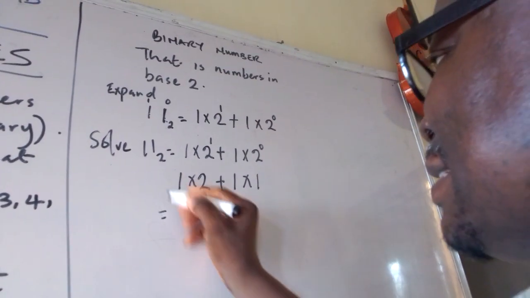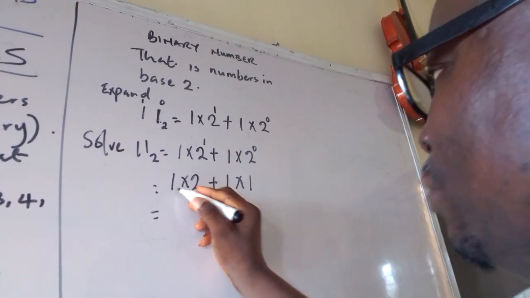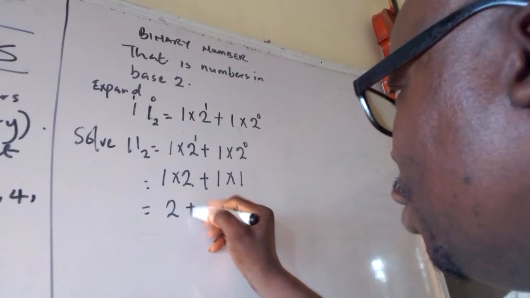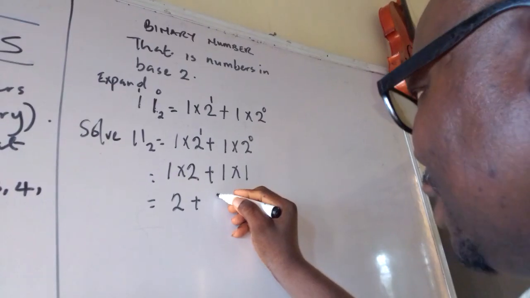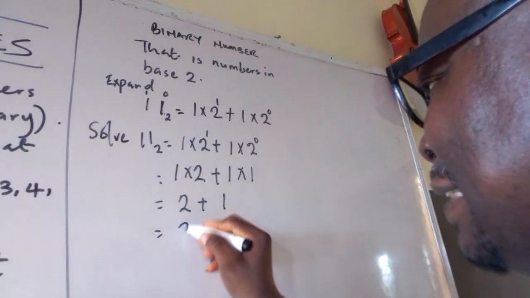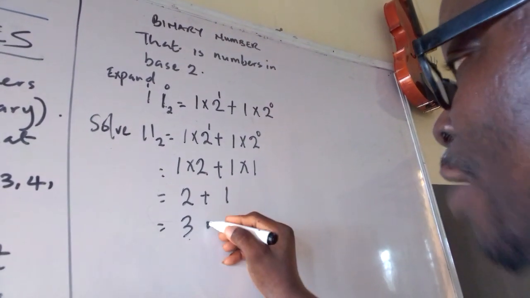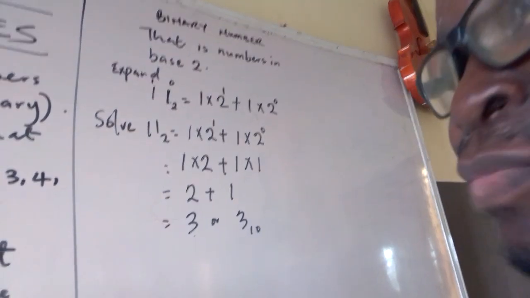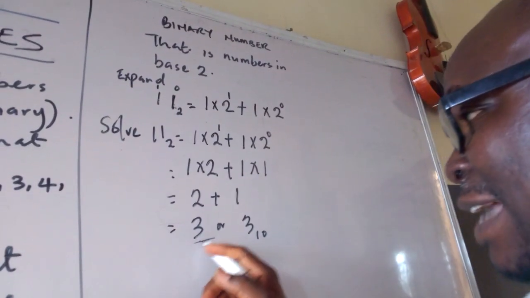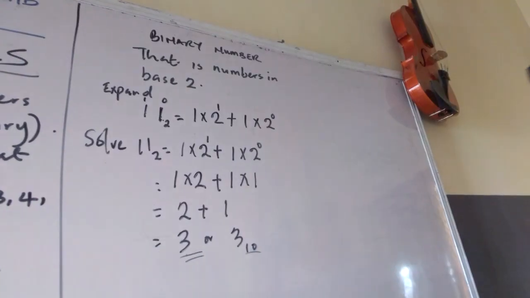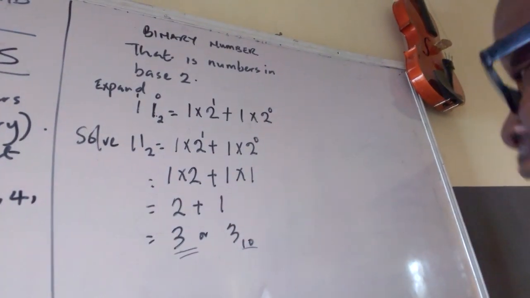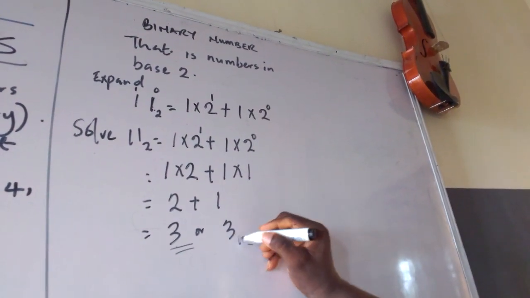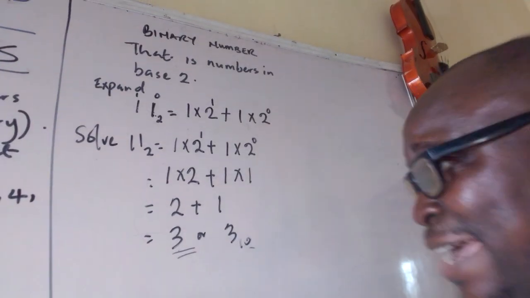Then 1 times 2 gives me 2, plus 1 times 1 gives me 1. The answer will be 3. I can leave my answer as 3, or I say 3 base 10. Whichever way I choose, it is correct, because I started earlier by saying that every number exists as base 10.